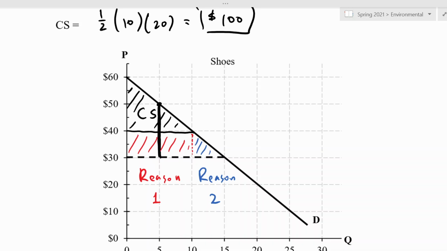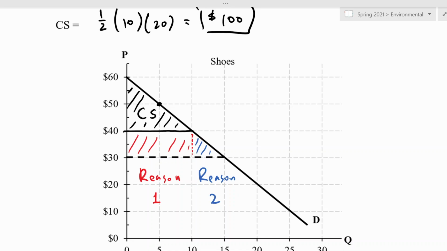They're willing to pay 50. They only had to pay 30 initially, so they had a consumer surplus of $20. 50 minus 30. But now they're still willing to pay $50, but now the price is $40. Okay, and so now they still have a consumer surplus, but it's only 10 instead of 20.